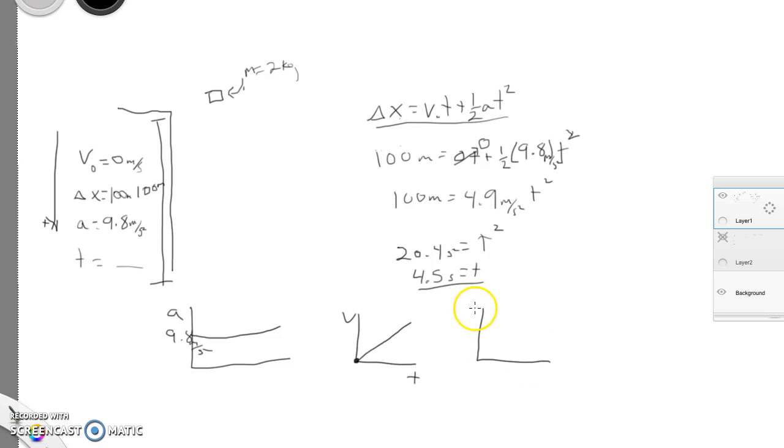And then finally, our displacement, our position: we're going to say down is positive, so we start from a position of 0 and get further away from it rapidly as our velocity increases. So that would be the acceleration, velocity, and position graphs here.